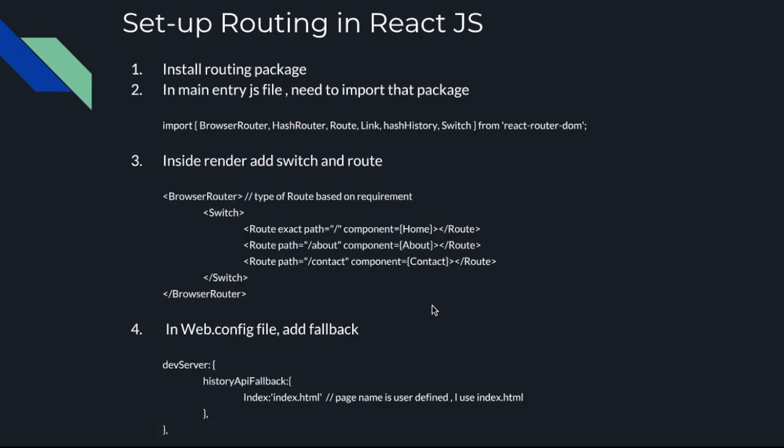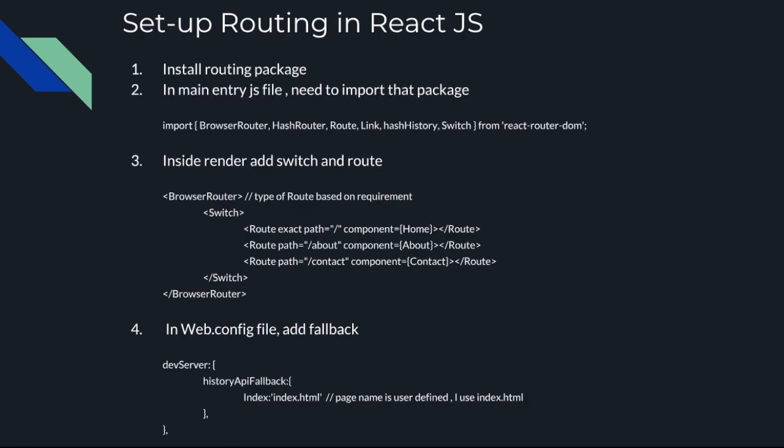And the fourth step, in the webpack config file, inside the devServer property, we need to use historyApiFallback. Why do we need historyApiFallback? Because whenever your application is running behind a proxy server, when we are routing and getting the response, it is forwarded to the proxy route.